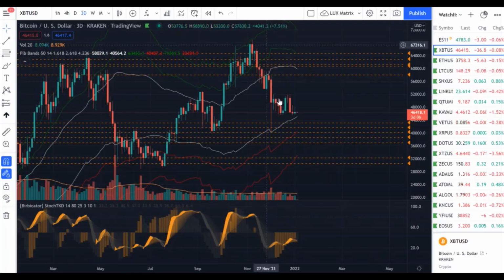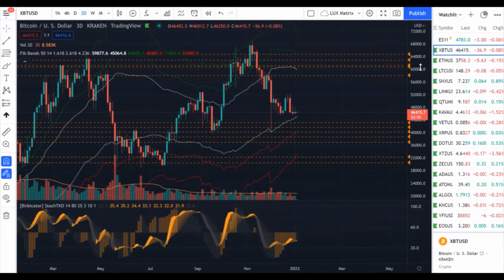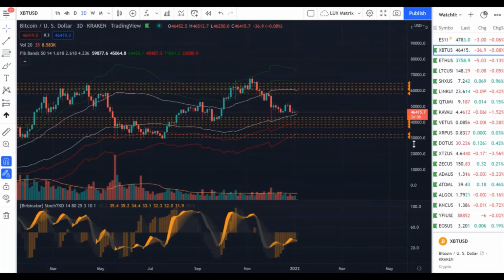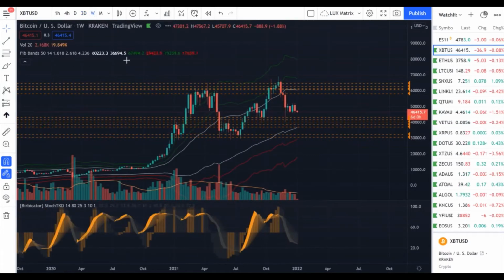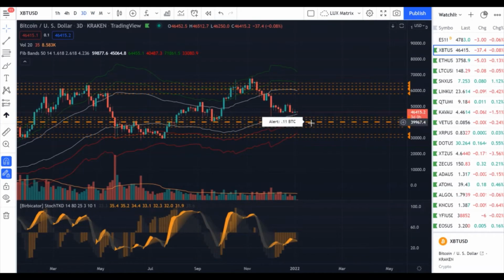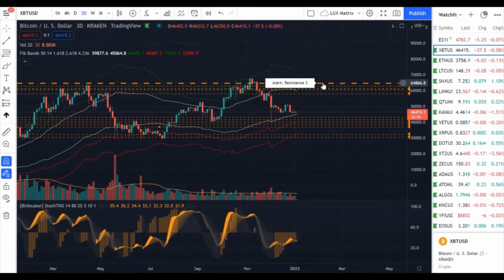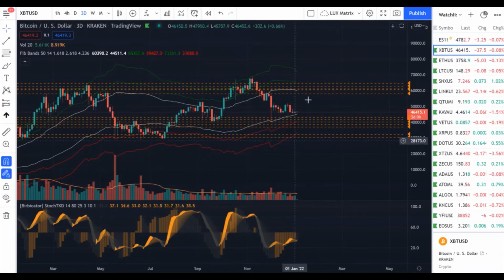Now I'm going to move on to the 3-day fib band. Yesterday when we looked at the weekly, it was kind of right in no man's land, right in the middle, which I'm sure it still is. On the 3-day, it's actually trending down closer to the first of the 3 lower fib bands. So if these act as support, we could go up, or we come down and touch these first and then go up and start working our way back towards the green.